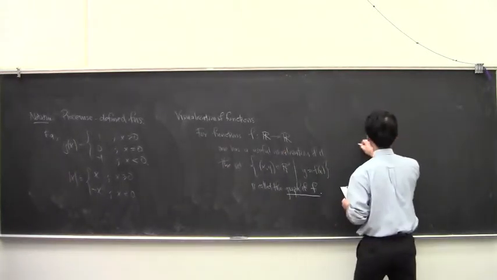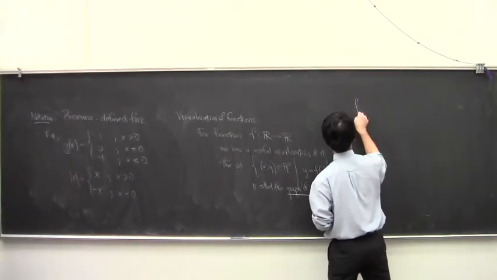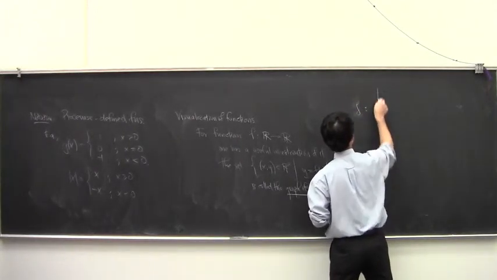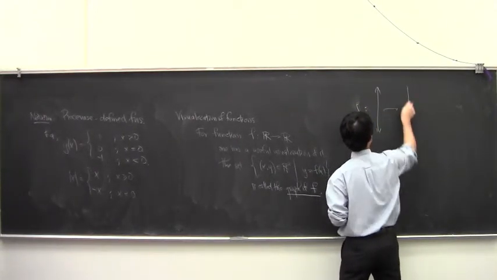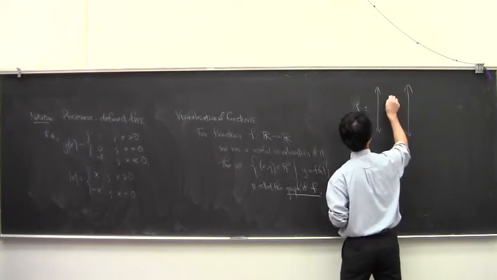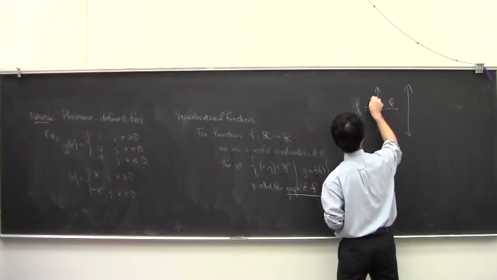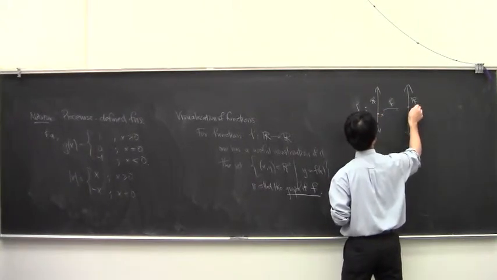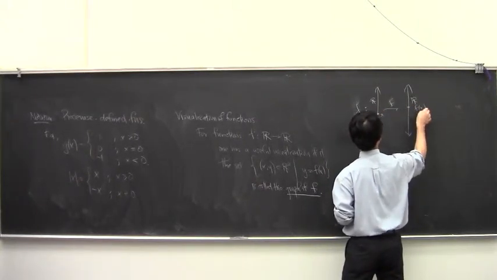So it's all points, right? You have some function. Really, the function goes from R to R. To some x, it associates some value f of x.